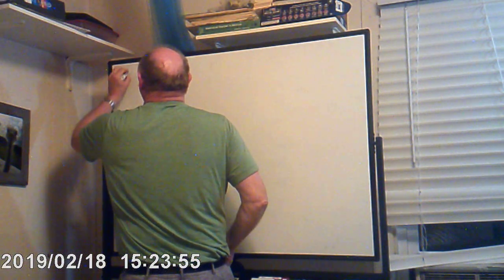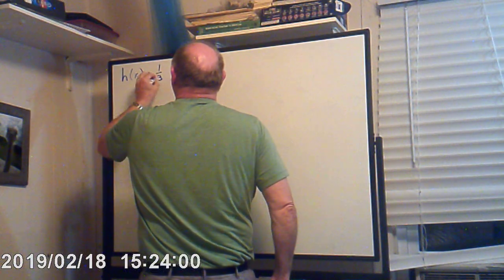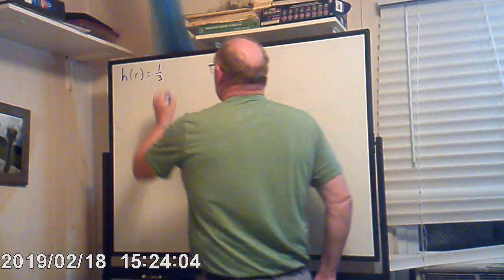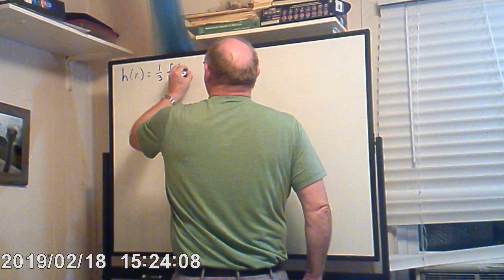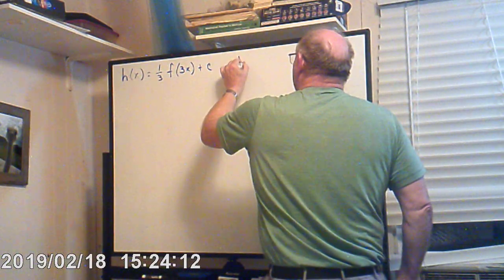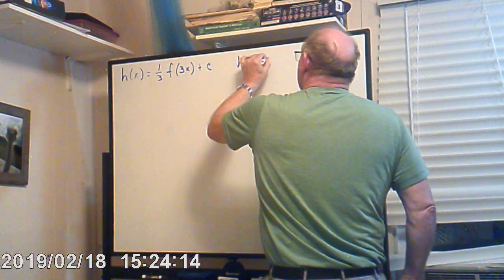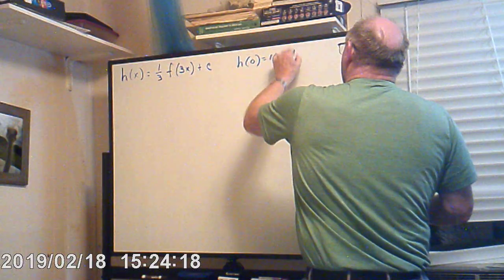Let's put what we know here. We have h at x, and that's equal to 1/3 f at 3x plus c. Remember, we said that h at 0 is equal to 10, and we need to find h at 2.